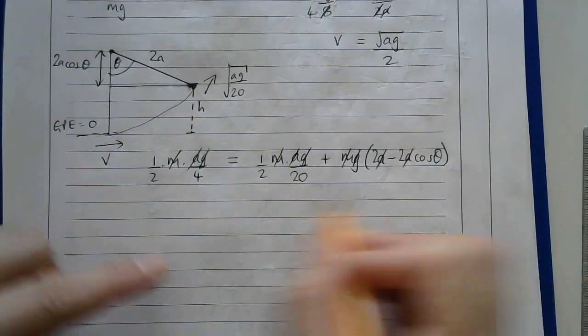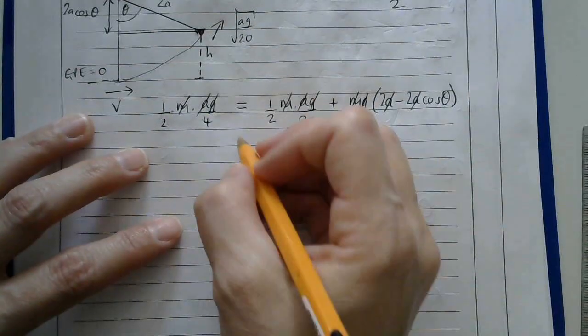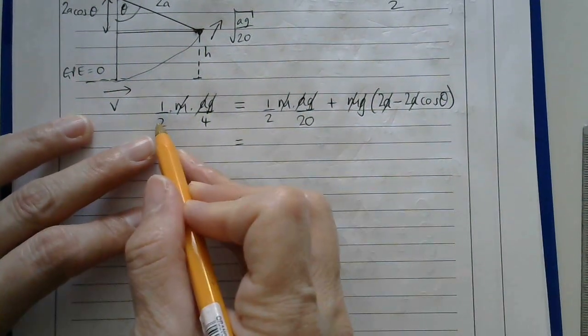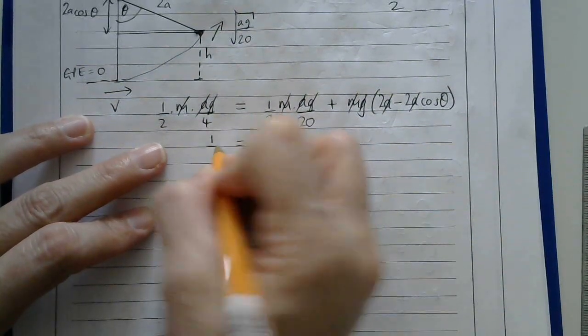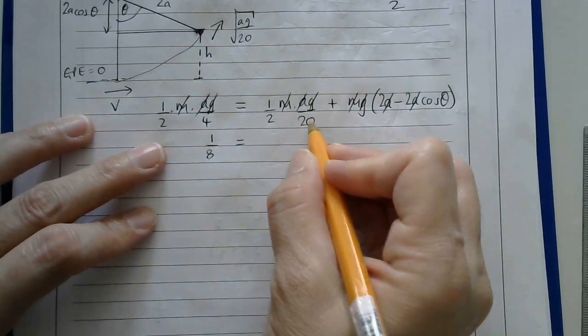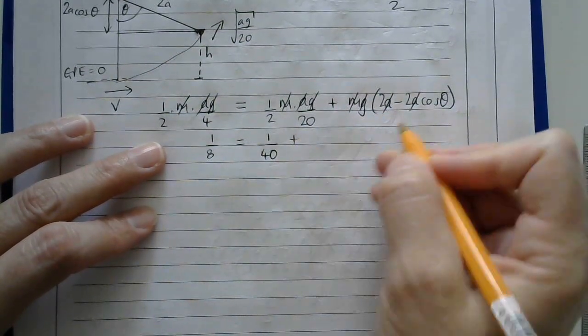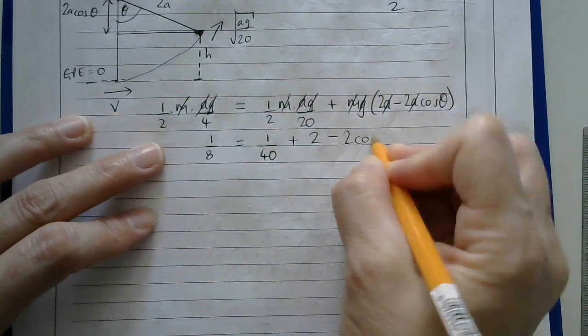I'll just tidy it up a bit because I'm losing sight of what actual numbers I've got here. So here I have a quarter times a half, a quarter times a half. Here I have a half times 1/20th, and here I have 2, and here I have minus 2 cos theta.